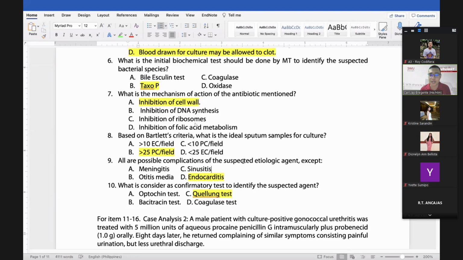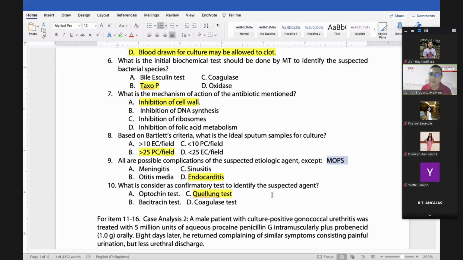Again, the mnemonic is MOPS. No, this is the mnemonic for the diseases of Streptococcus pneumoniae. M stands for meningitis. O stands for otitis media. P stands for pneumonia. And S stands for sinusitis.